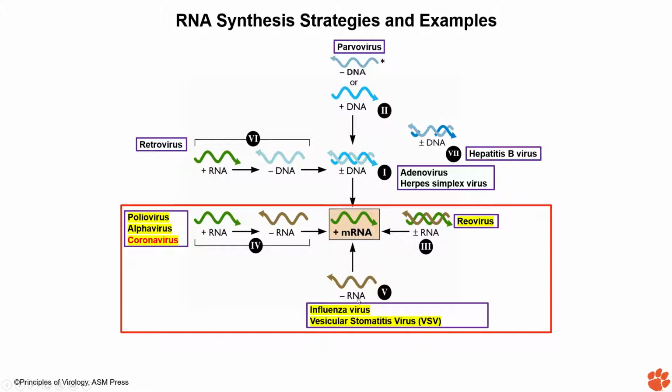And then we're going to look at the minus sense RNA, with the influenza virus and the vesicular stomatitis virus as the two prototypes. Coronavirus is not a prototype, but we're going to use it as a special topic, whereas poliovirus and alpha virus are the prototypes. Alpha virus is, to some extent, very similar to the coronavirus, a little bit less complicated, and you will understand that. So these are the main things.